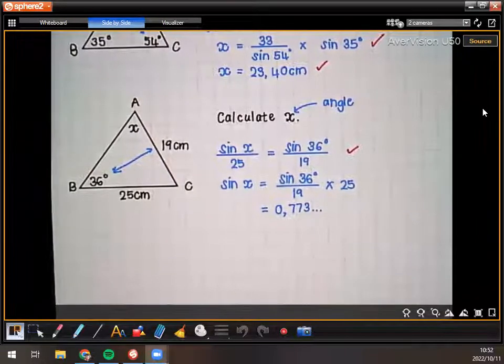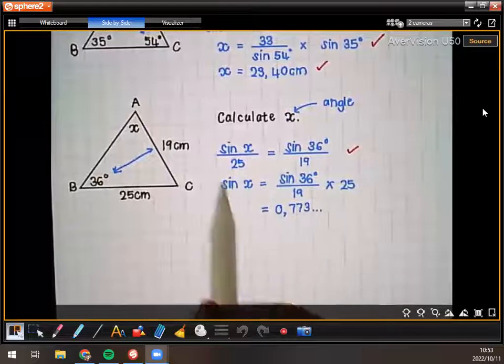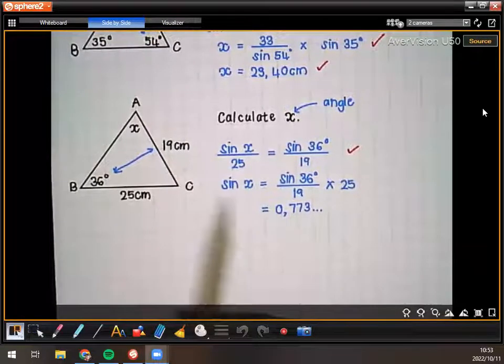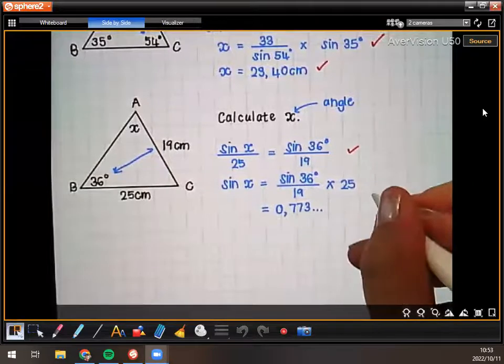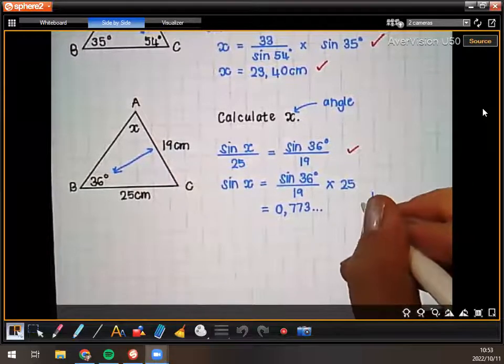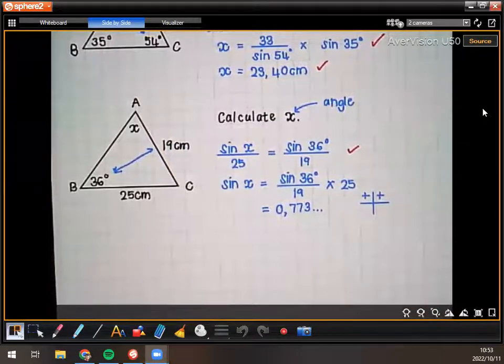Now guys, this is not x, this is not my angle, this is sine of x. Do we see that this looks like a trig equation? Sine x equal to a number. Is this a positive or a negative number? Positive, right? So in which quadrants is sine positive? 1 and 2. So we are possibly going to get 2 answers for x in this question.